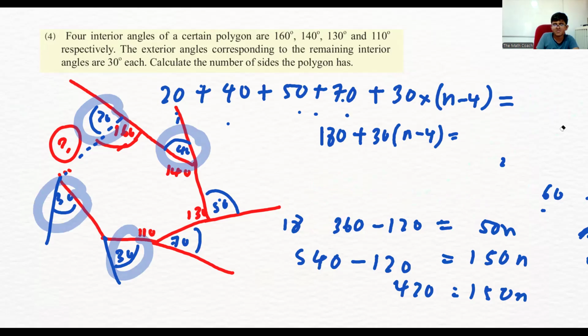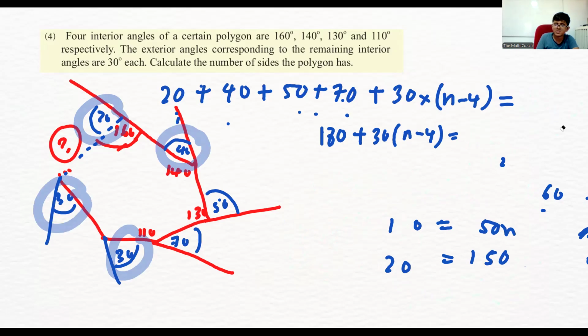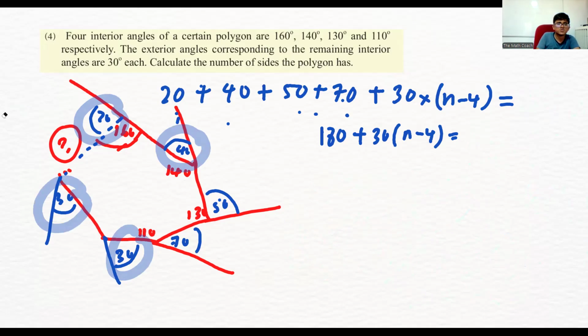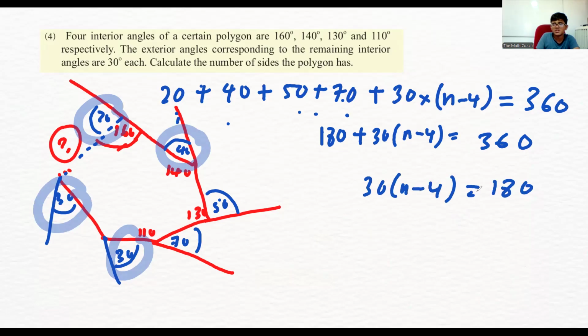So what I must have taken is 360, because that makes the question so much easier and so much better. Equals to 360 here. Now it's better. So 30 n minus 4 is equals to 180.